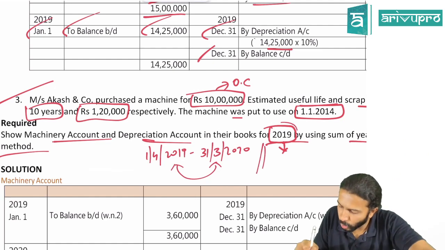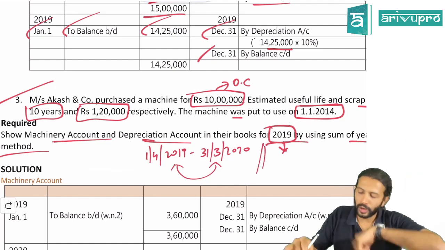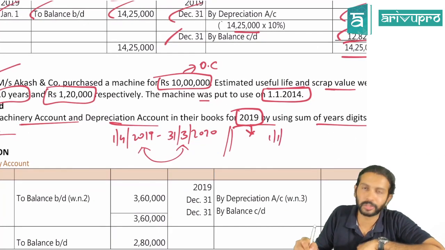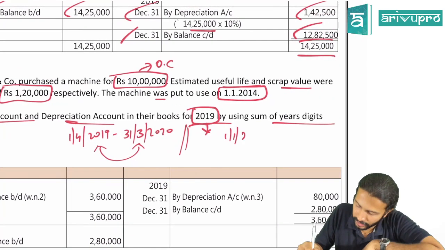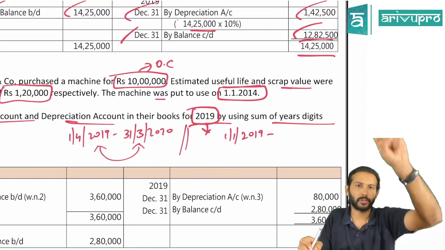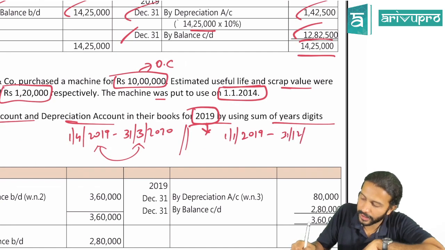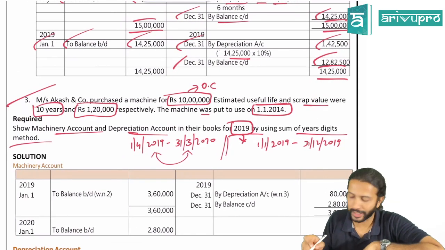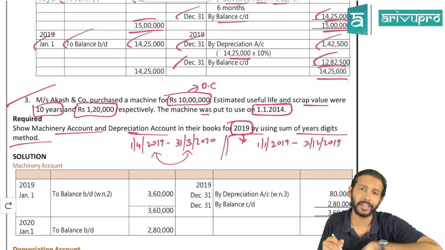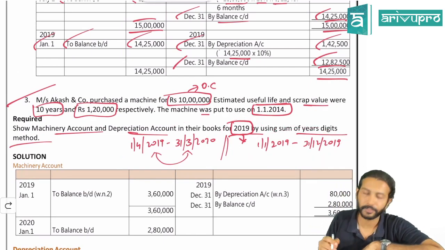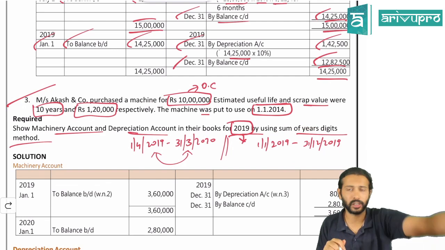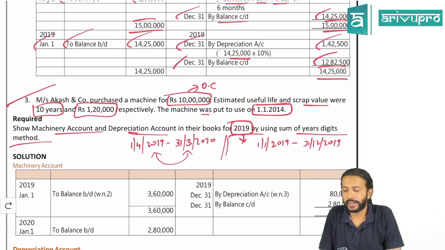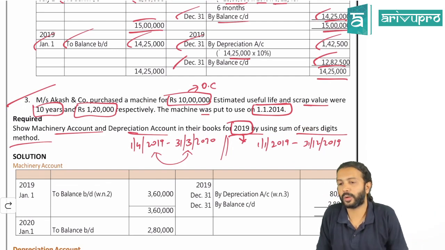But here they only told one year. Only one year will be covered under the calendar year possibility, because the calendar year starts on 1st January 2019 and ends on 31st December 2019. So if they don't specify and just tell you 2019, take it as the calendar year. That way you can decode it.